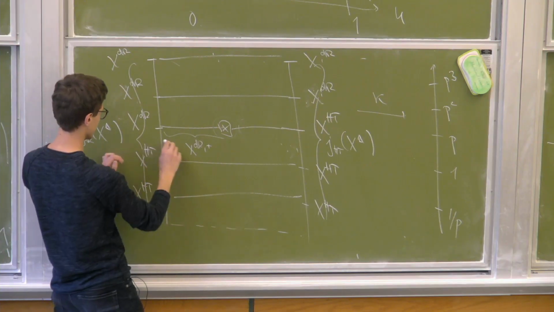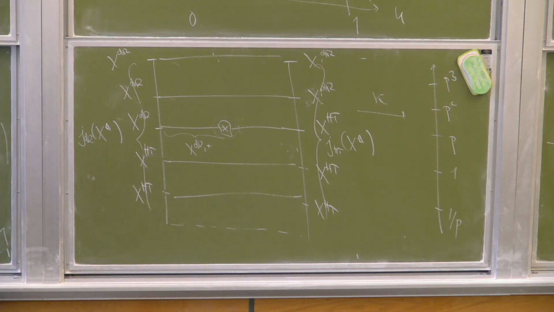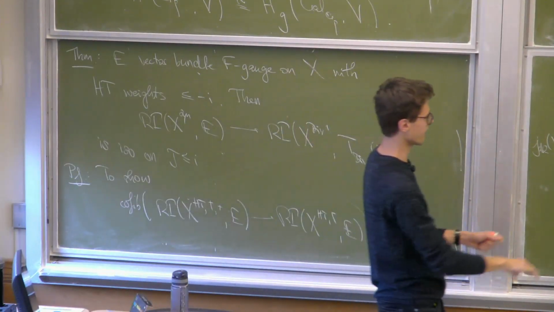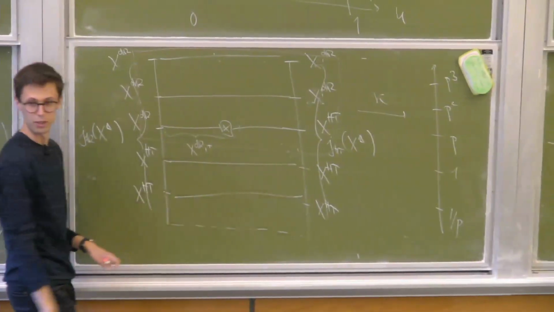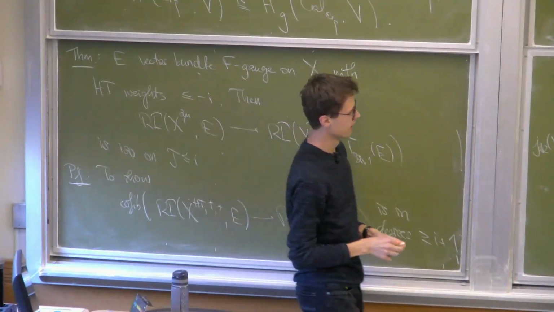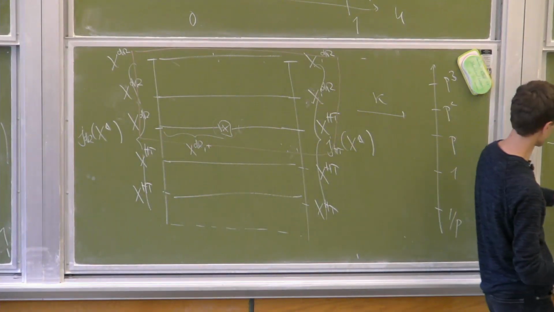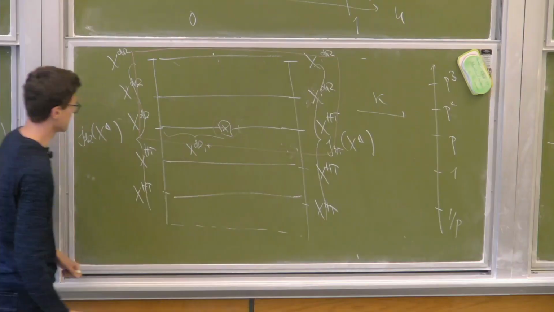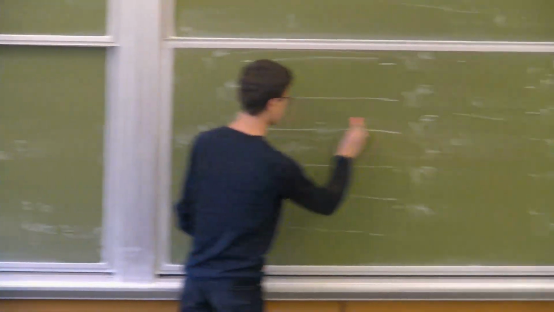And so in the end, I can focus on this part of the picture, where I don't see these Hodge-Tate stacks on the bottom anymore. And I want to say something about this de Rham version of the statement. Okay. Now I just need to get rid of this Hodge-Tate stack here.